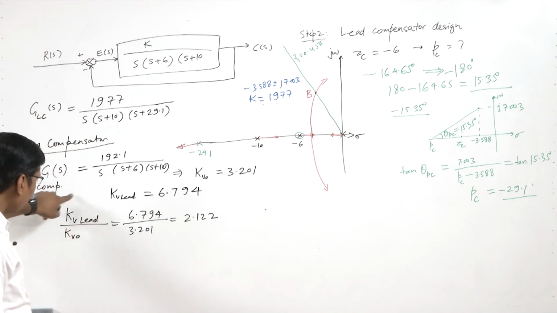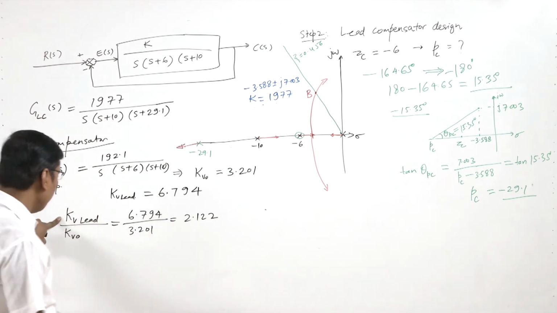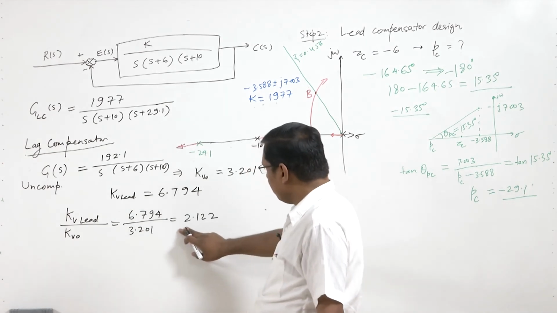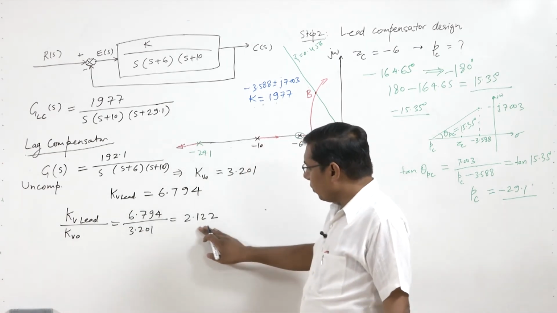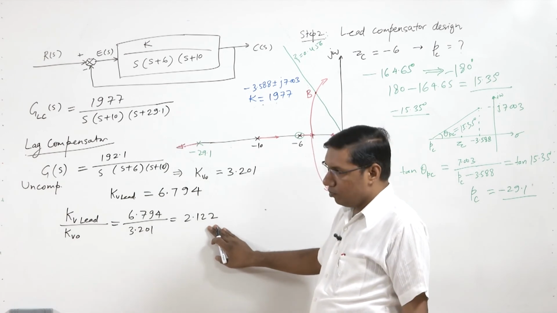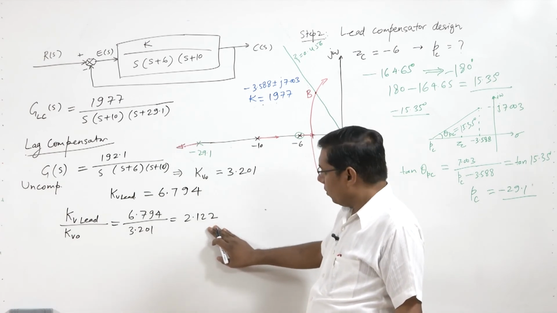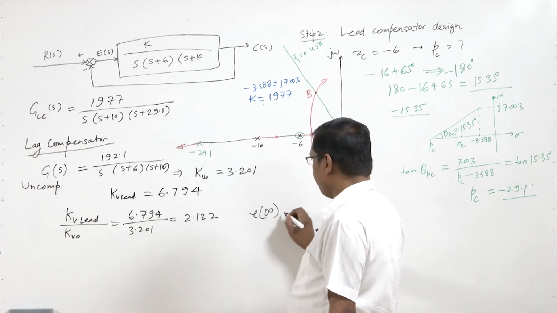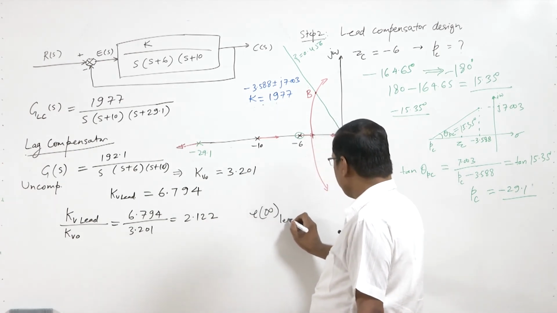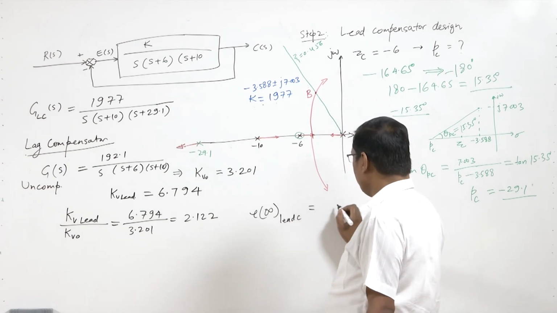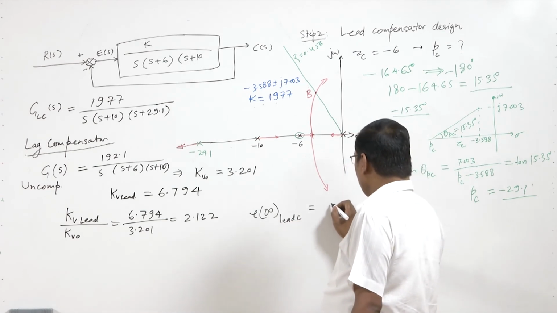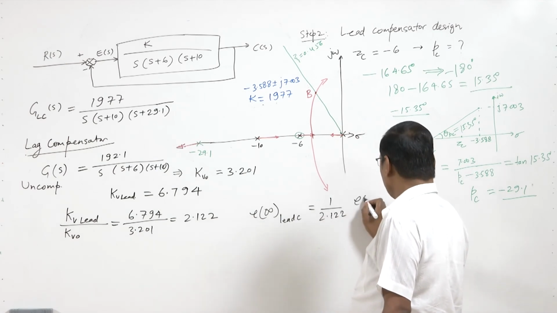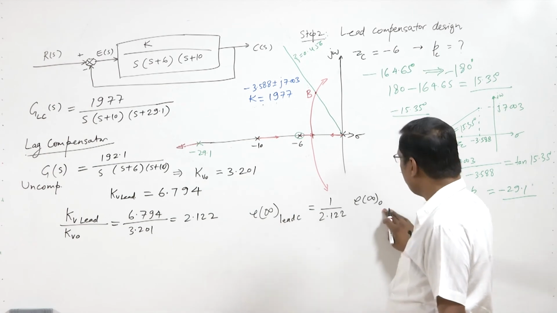So we have already improved the system in terms of steady state error 2.122 times. So steady state error of the lead compensated system is 1 by 2.122 into steady state error of the uncompensated system.